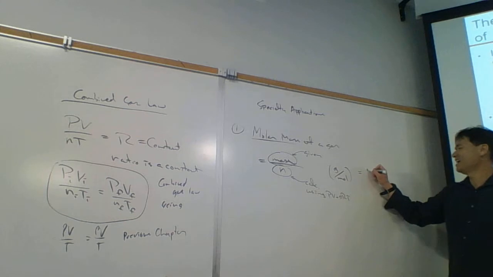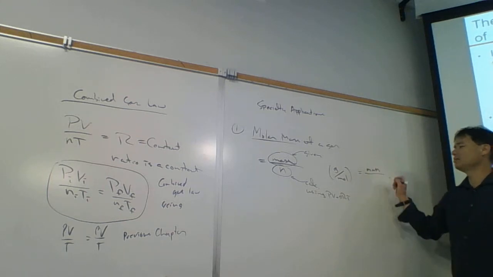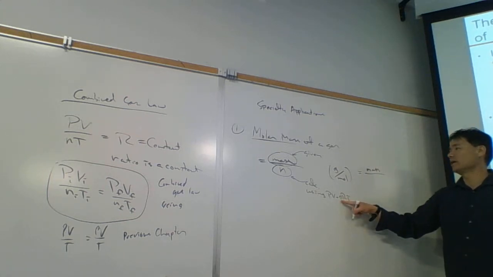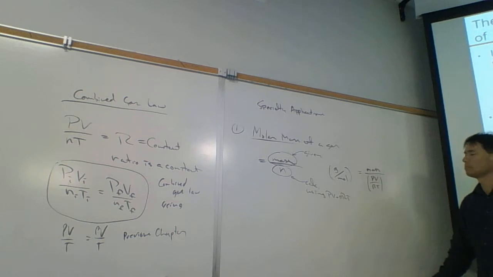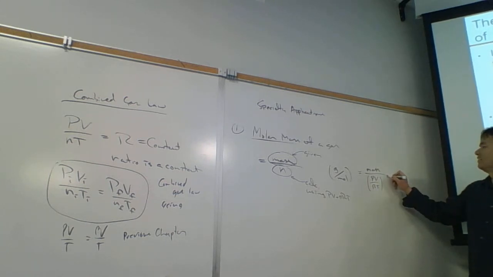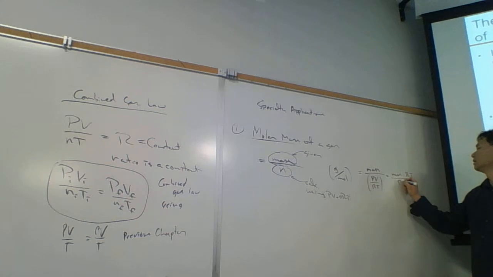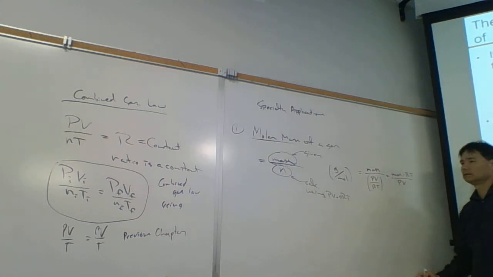We're going to get the mass of the gas divided by, okay, solve this equation for N. Well, N is equal to PV over RT, like that. And so what we end up with is the mass times RT over PV.